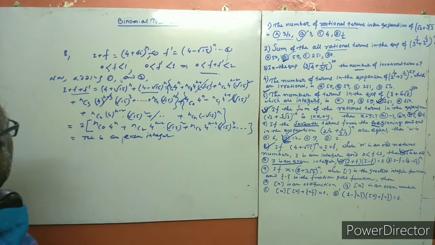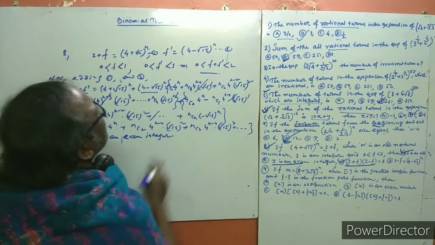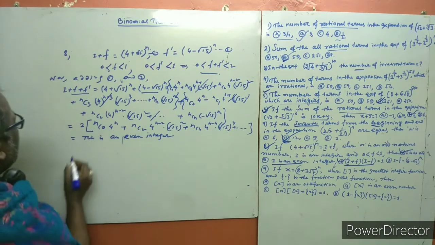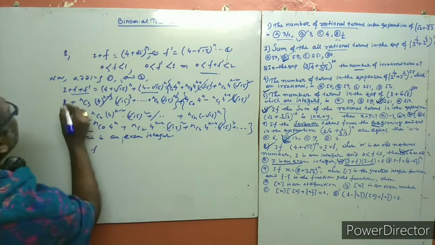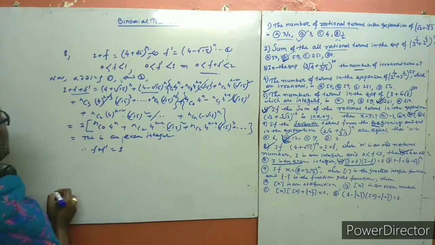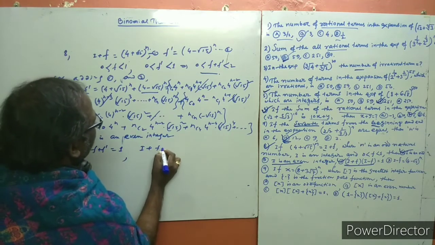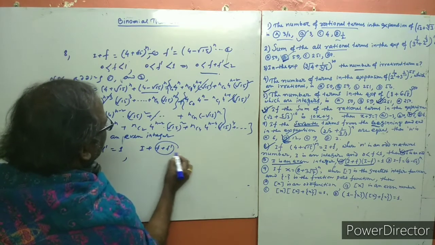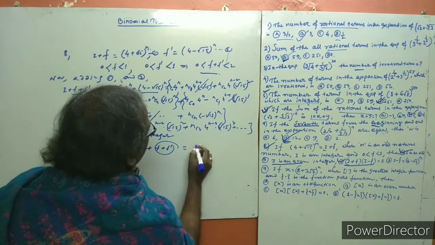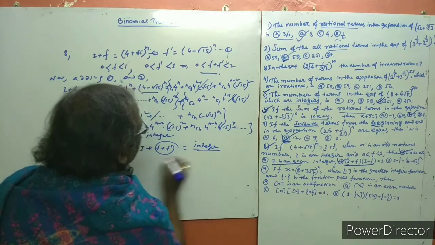So you can see that therefore f and f dash, both values lie between 0 and 2. So that's why we can take an integer, and since f plus f dash is equal to 1, and given that I plus f plus f dash, this whole thing is an integer.